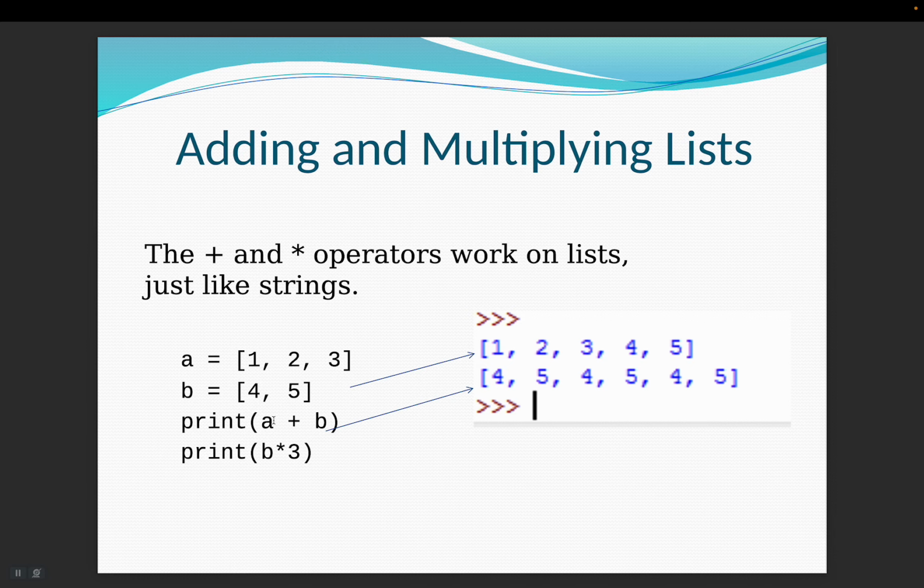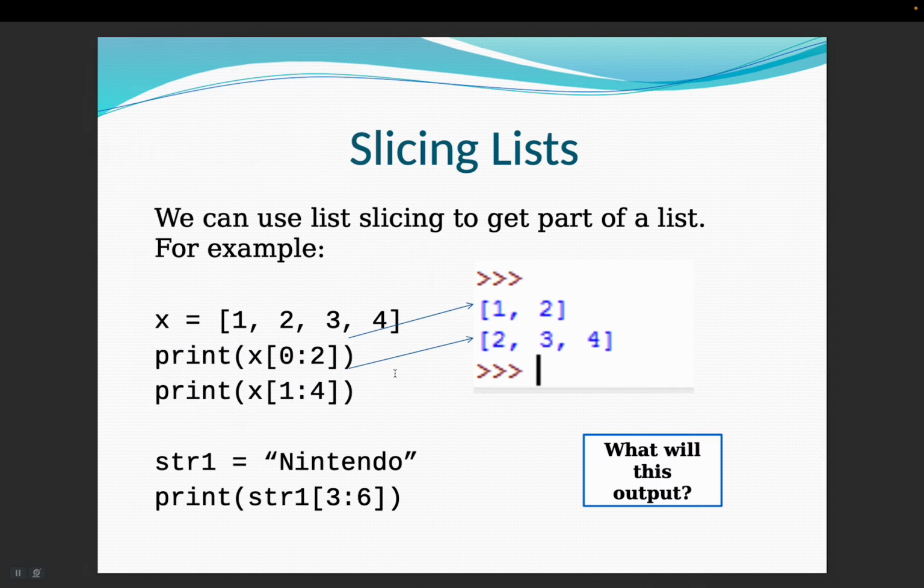And then we print out A plus B. When we add the two lists, it combines them all into one list. And if we print B times 3, B times 3 repeats this list 3 times and puts it in one list. So you can see 4, 5, 4, 5, 4, 5. That's 3 times.